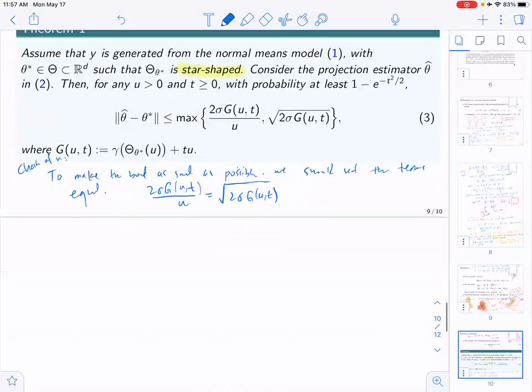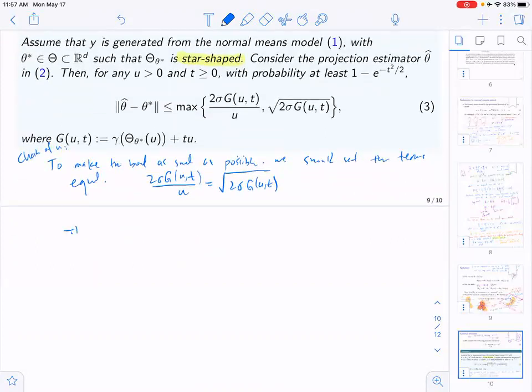If I do this, what I get is root 2 sigma, one of them cancels out, divided by u equal to 1, or 2 sigma g(u) over u squared is equal to 1.